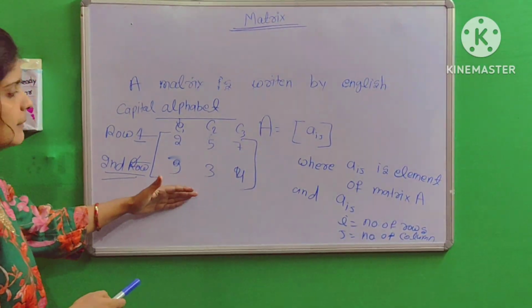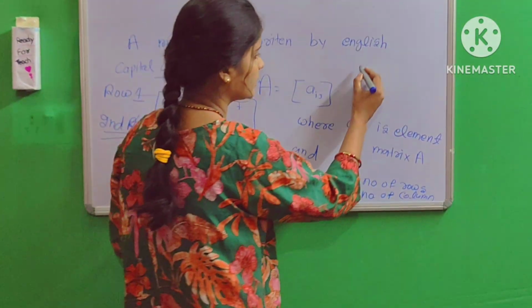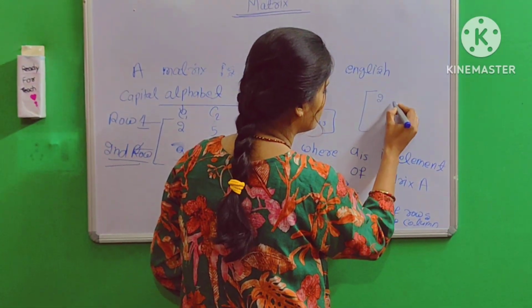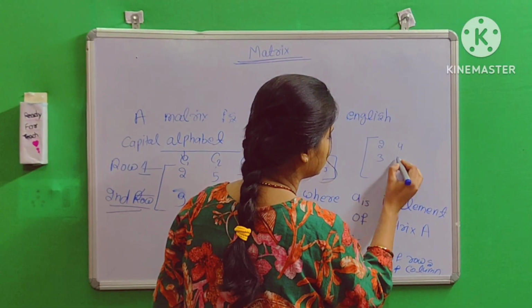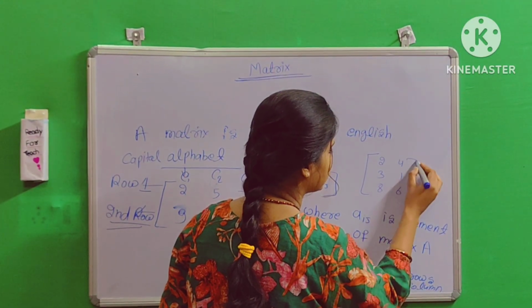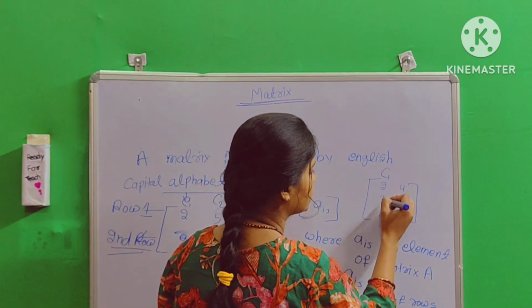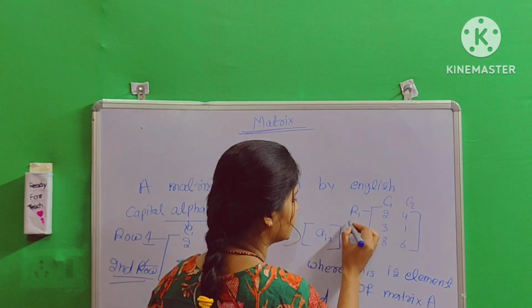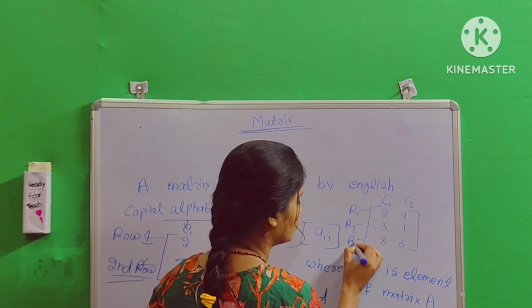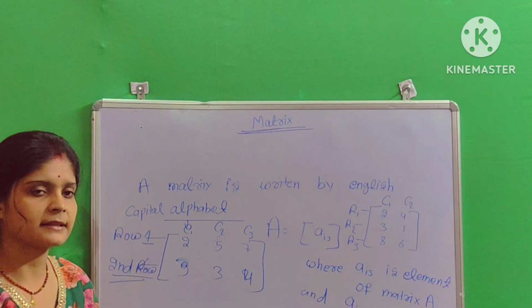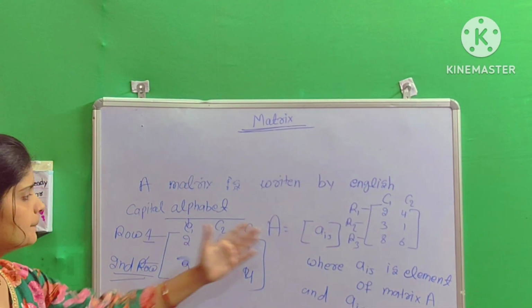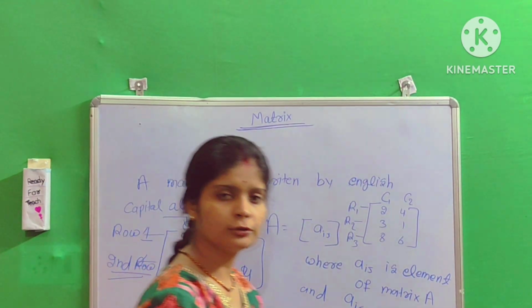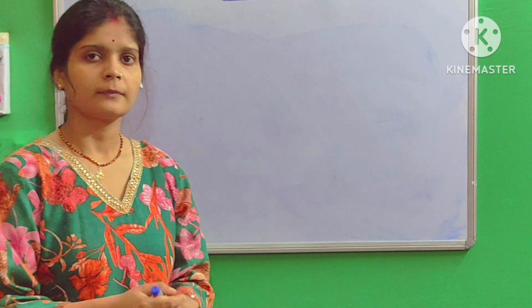This is our matrix. And suppose I am giving another example. 2, 4, 3, 1, 8, 6. Here column 1 is this and column 2 is this. And this is row 1, this is row 2 and this is row 3. Next, this is Aij.